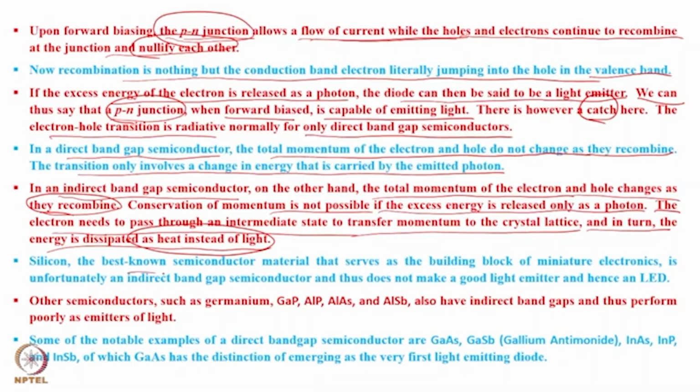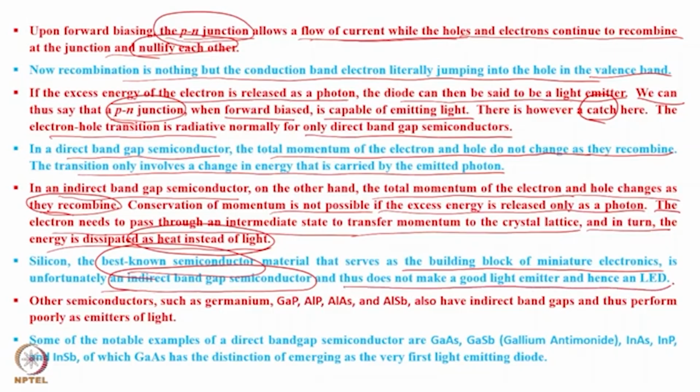Silicon, the best known semiconductor that serves as the building block of miniature electronics today, is unfortunately an indirect band semiconductor. Nature has not always been very kind, and thus silicon does not make a good light emitter, hence a light emitting diode.